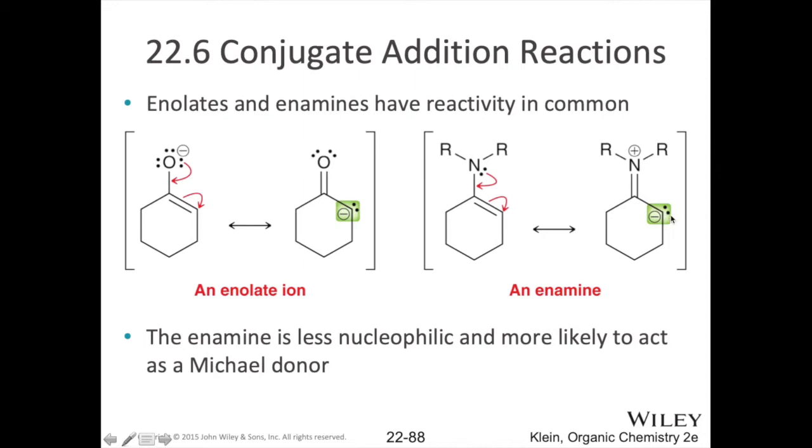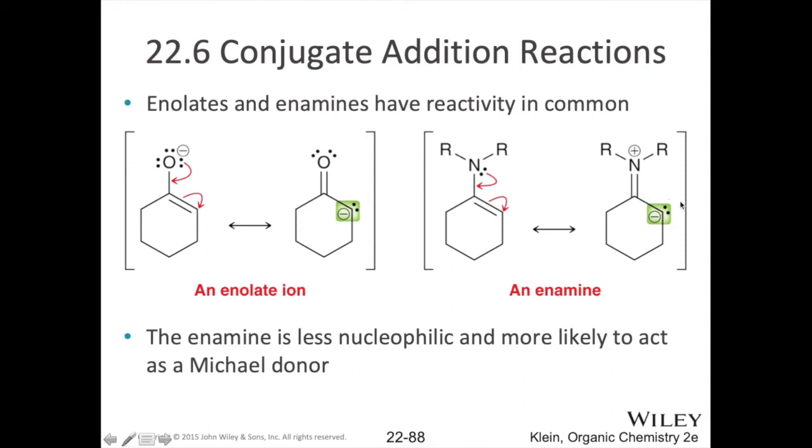Okay. Now, while I've pointed out the similarities, notice the differences here. We're starting off with a neutral molecule as opposed to our enolate, which is an ion. Okay. So the resulting carbanion here is actually part of a zwitterion. We have a positively charged nitrogen in this process.